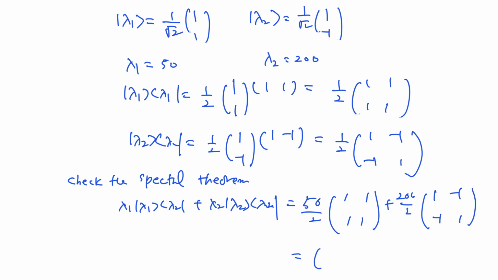Simply, that is 125, 125, minus 75, minus 75, right? Which is M. This is the spectral theorem, right? Since M is a Hermitian matrix, we just saw that the spectral theorem is satisfied.